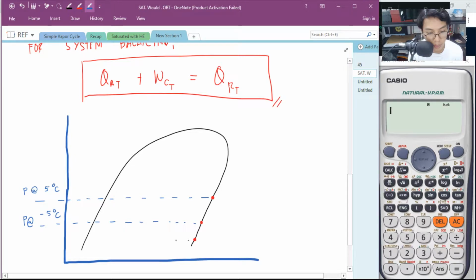And this one, P at negative 10 degrees Celsius. Now, ano yung hahabulin nilang pressure? Yung pressure ni 40 degrees Celsius. Pre-condenser. P-con at 40 degrees Celsius.